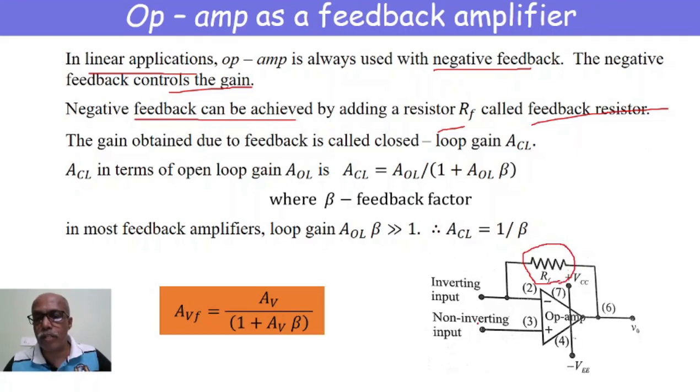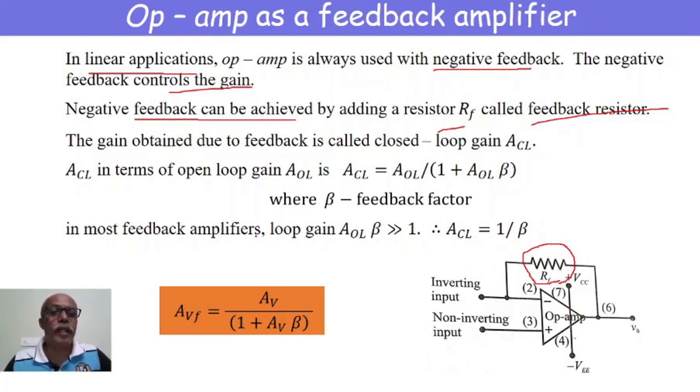This is our op-amp having two input terminals, one inverting input, the other non-inverting input, and this is the output terminal. Pin number 2 is inverting, pin number 3 is non-inverting, pin number 6 is output, pin number 4 is connected to the negative of the source, pin number 7 connected to the positive of the source. The other pins are the nulls, right?